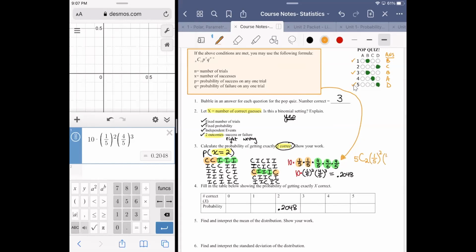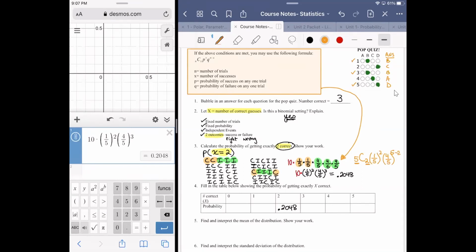Q is the probability of failure, and that would be to the n minus x. So here's n, here's x, 5 minus 2 power. All right, so 5C2, pop it in your calculator, gives you a result of 10. Everything else just kind of works itself out, right? It all ends up being the same stuff that we have here.